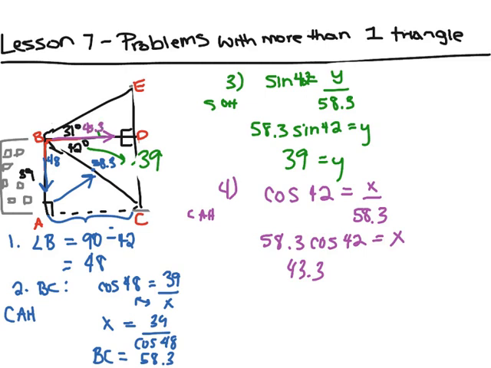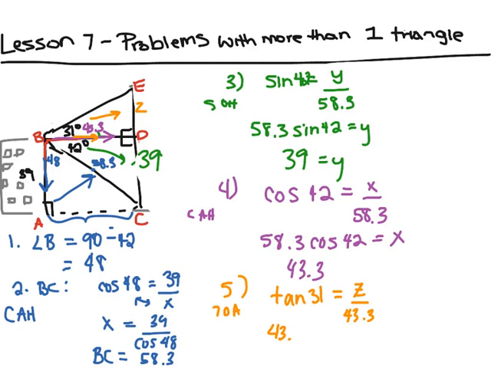Now we have only one side left to find, and that is our z. So that is opposite of our angle, and we know the adjacent, so we're going to do tangent. So tan of 31 is equal to opposite, which is z, divided by adjacent, which is 43.3.